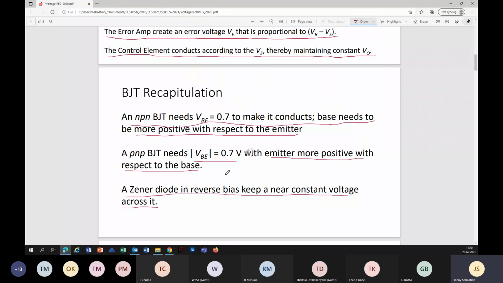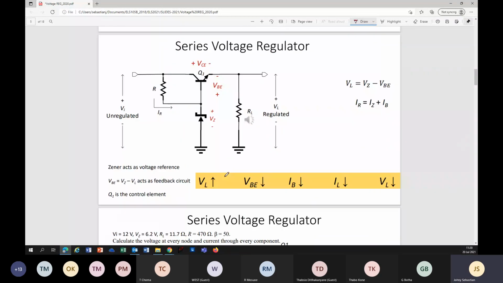Okay, here goes our first series voltage regulator. Let's try to identify what we have. At that point, that is VI unregulated, coming from a full wave bridge rectifier with a capacitor filter.